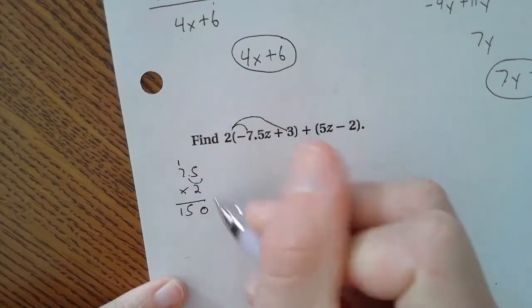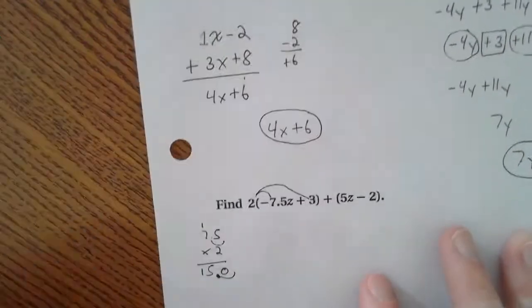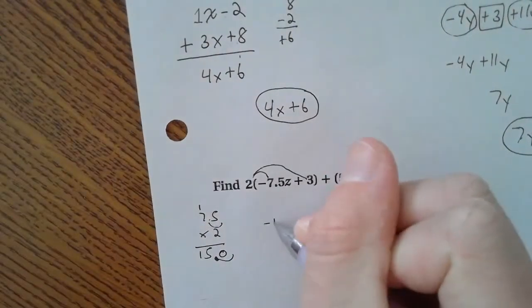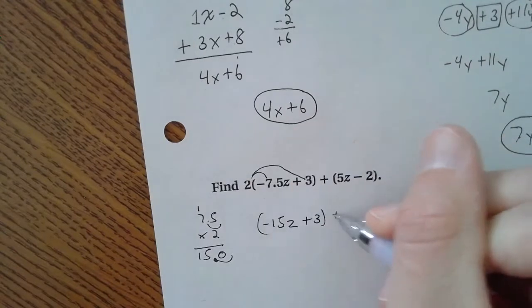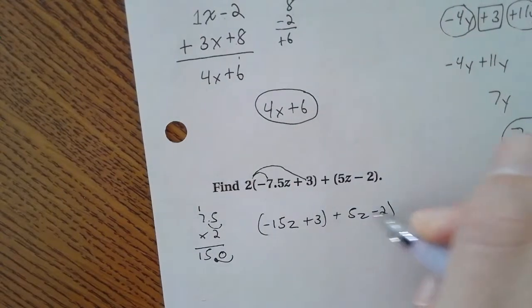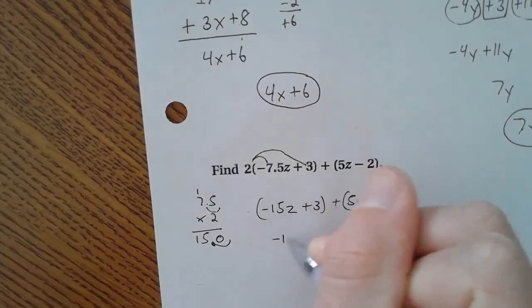I have 1 decimal place, so that gives me 15. A positive times a negative is a negative, so I have negative 15z plus 3. And I'm just going to rewrite everything. Notice now I have nothing on the outside of the parentheses, everything's positive, so let's just bring everything out.